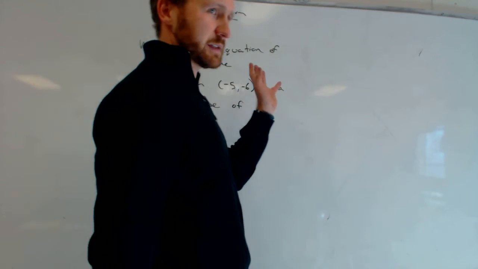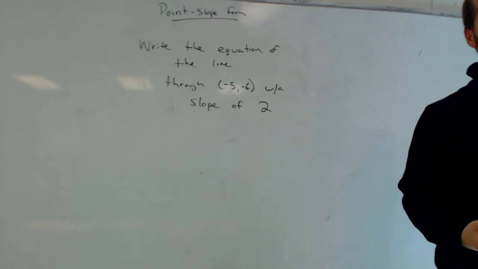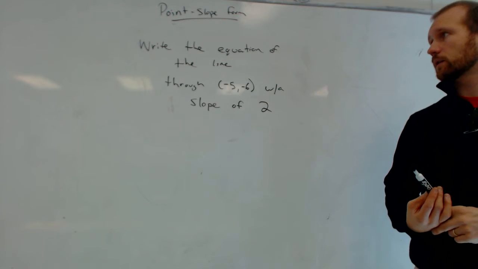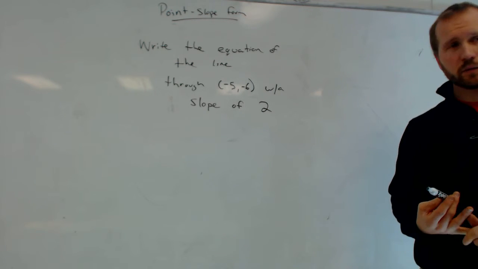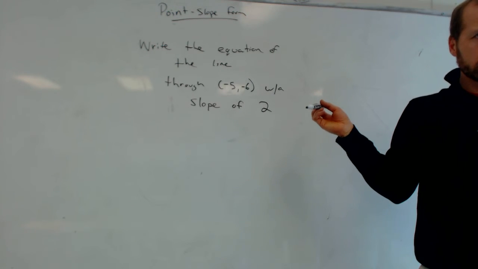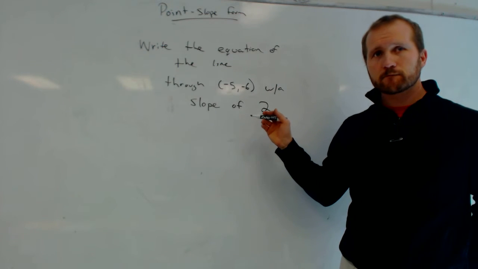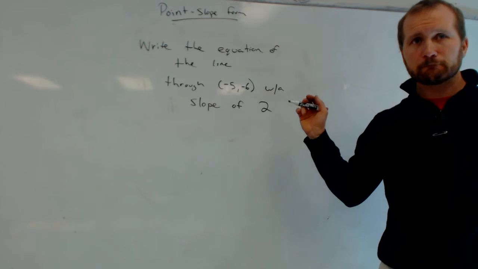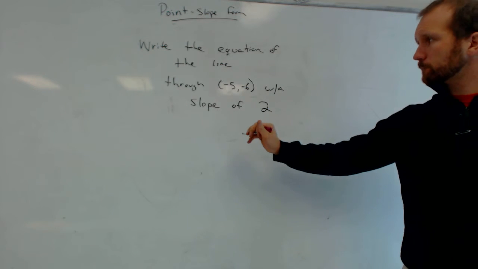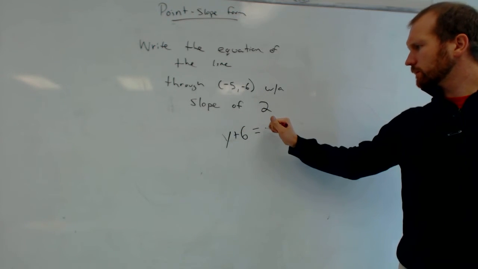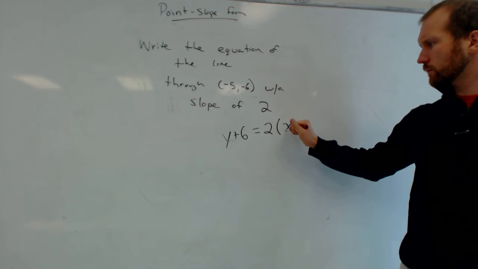So if this is all they say, I would always use point slope form for this, because it's just easy. So what's my equation? y plus 6 equals 2 times x plus 6.